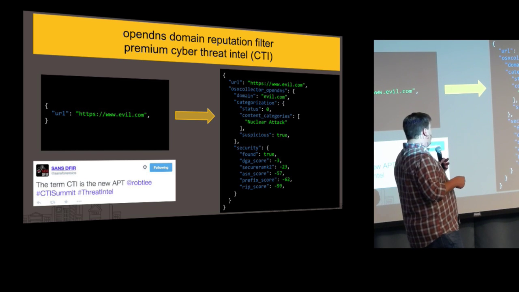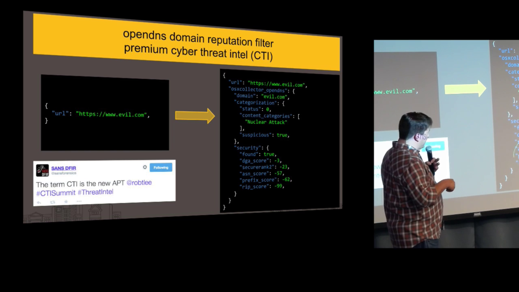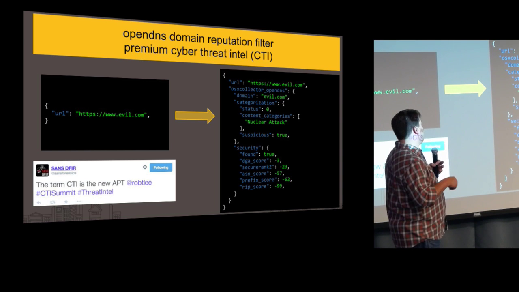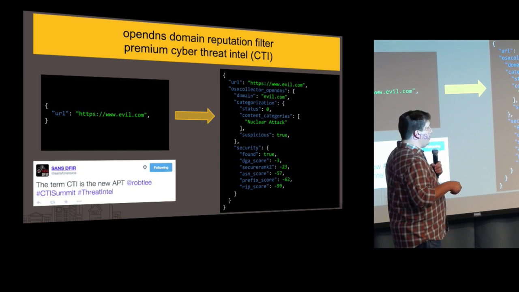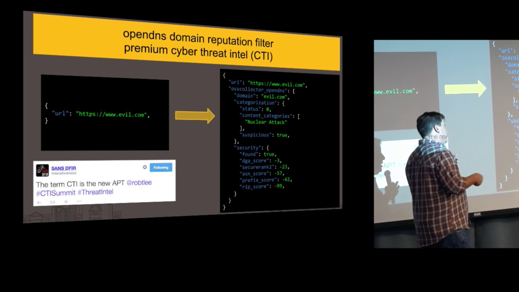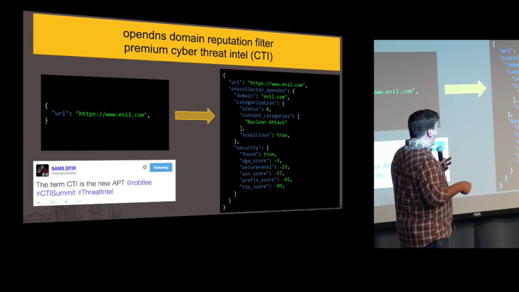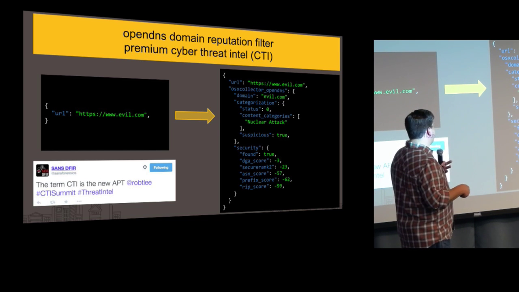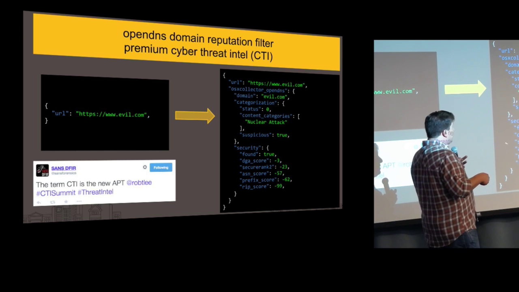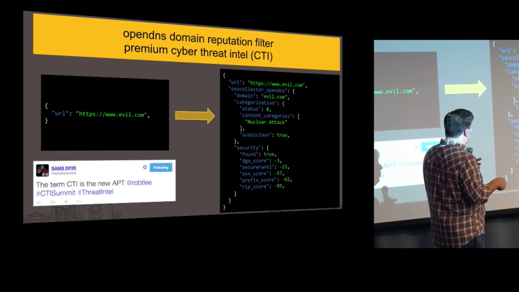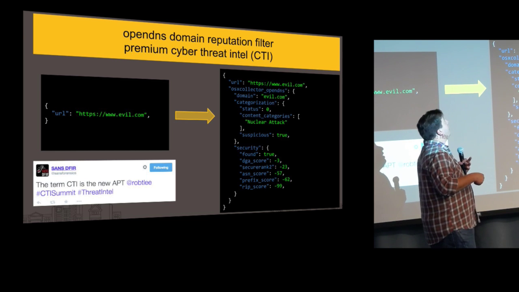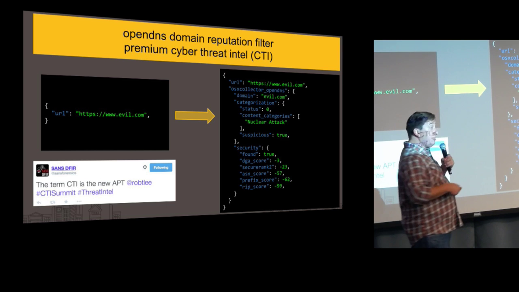That's not cool. Or maybe OpenDNS gives you a bunch of numbers, and we know how to interpret these numbers and say, oh, the prefix score, so the prefix of the IP address, the subnet effectively, is bad. So that's not good. So you can figure out stuff. Does this domain name look algorithmically generated?